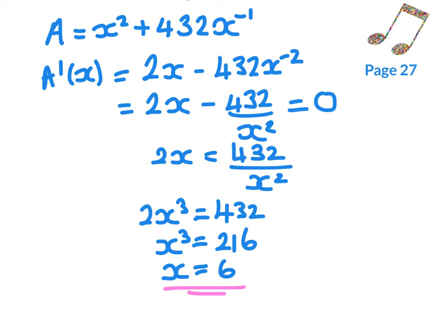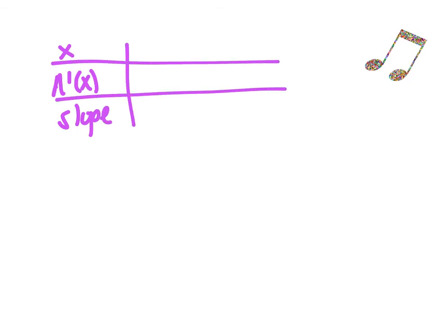Now I'm going to just use a nature table to check that that is indeed the minimum. So I'm drawing my table the same as I did in previous examples. I'm going to have x, I'm going to have dA/dx, and I'm going to have the slope. The minimum I think is 6.